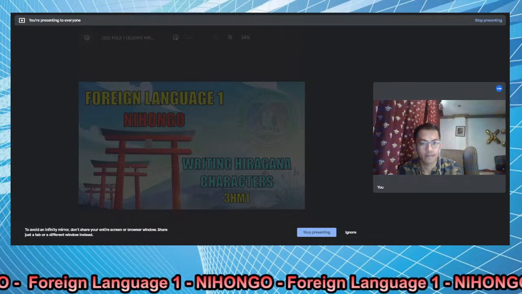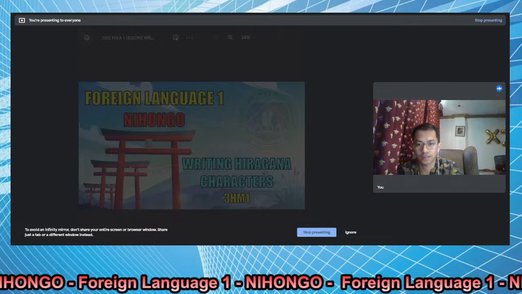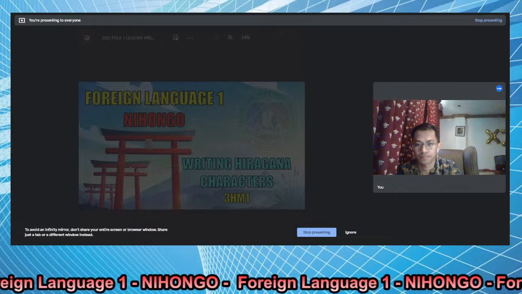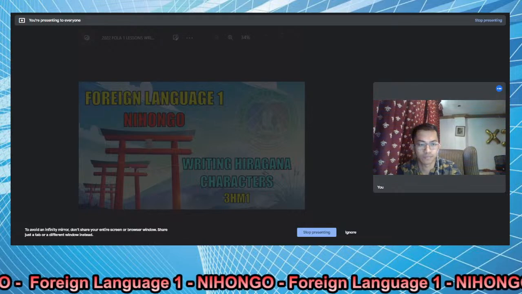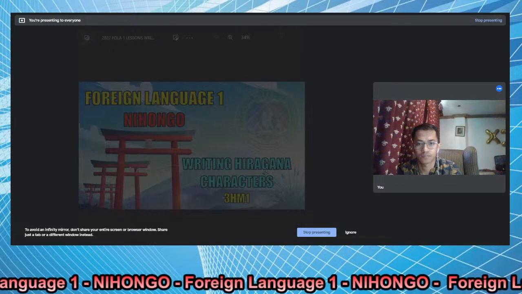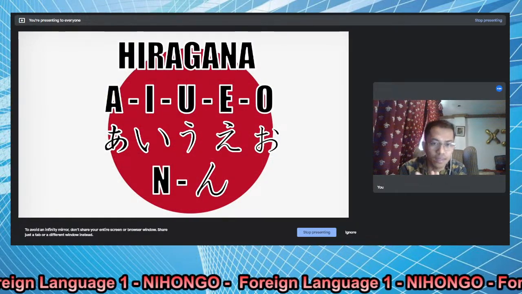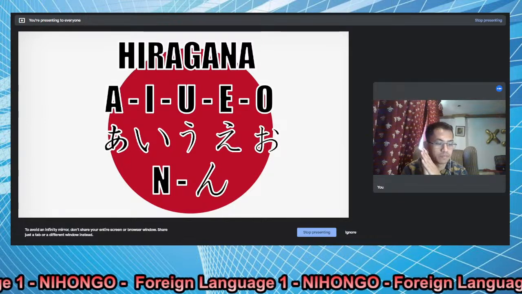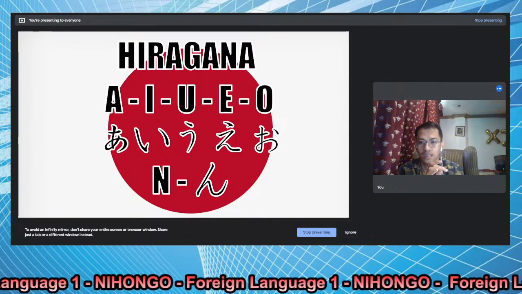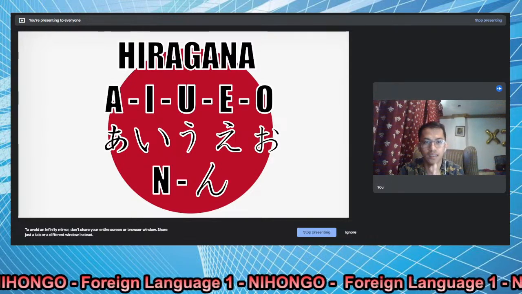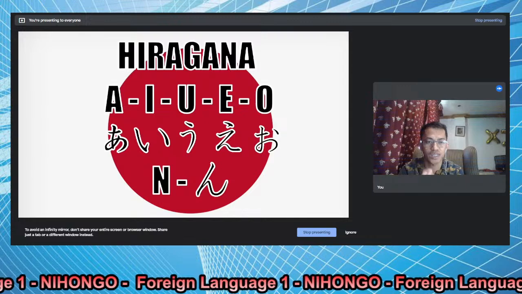All right. So the first set of hiragana characters that we're going to discuss are the characters A, I, U, E, O, and the only standalone consonant, which is N.